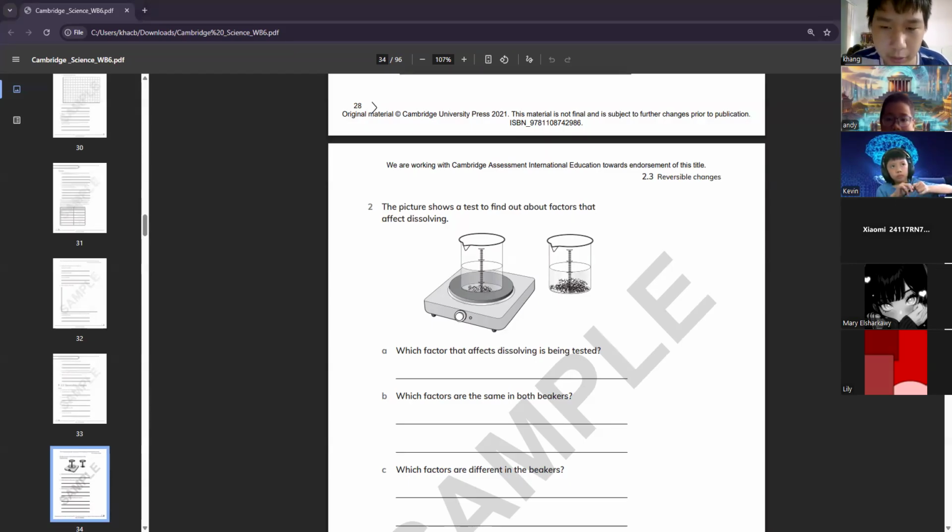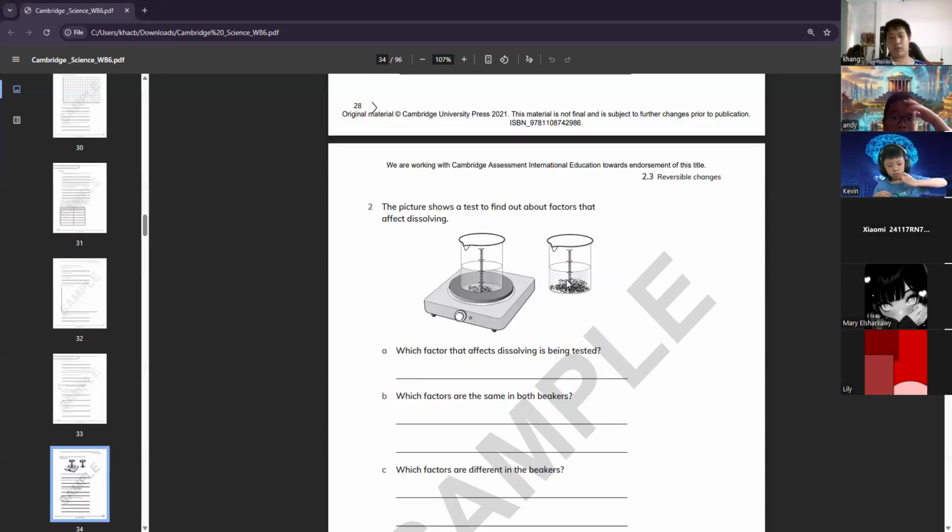Anyways, so which factors here are the same in both beakers? Anyone? All right. Since no one is explaining, the factors that are the same in both beakers are, first of all, the water amount.